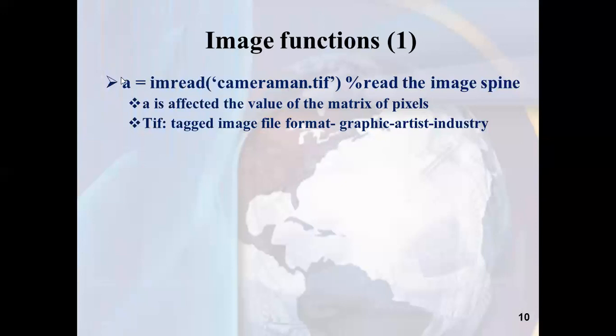The matrix of data is assigned to the variable A. So variable A becomes a matrix of data, where the size of my matrix is equal to the size of the image cameraman. It means the number of rows and columns of the matrix equals the number of pixels in the rows and columns of the image.